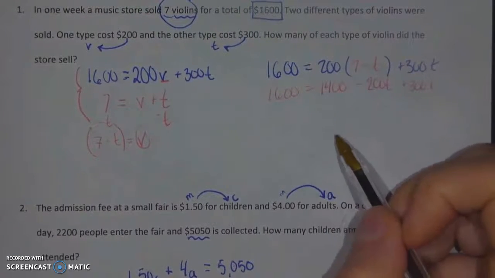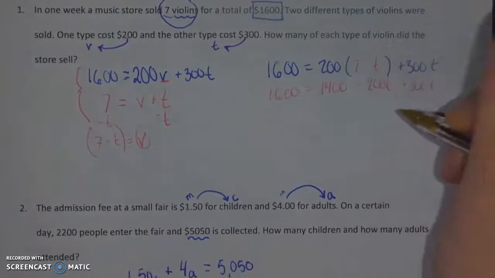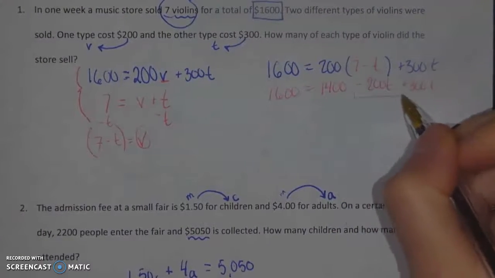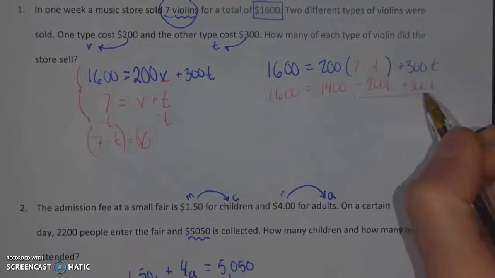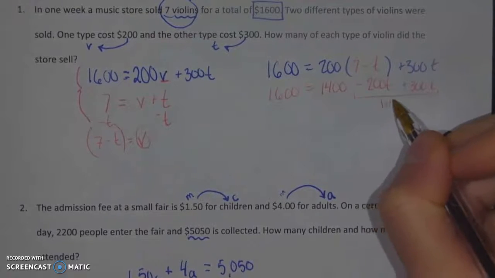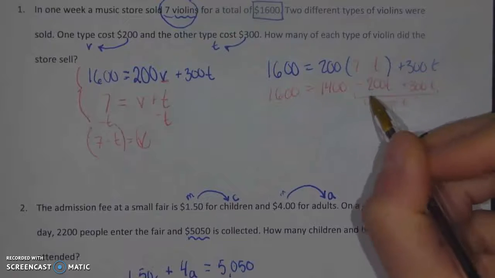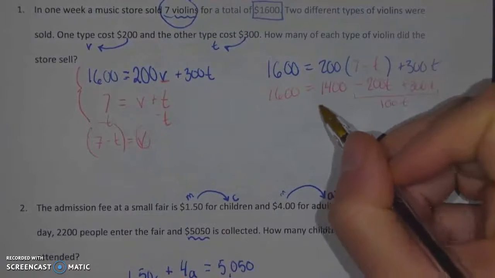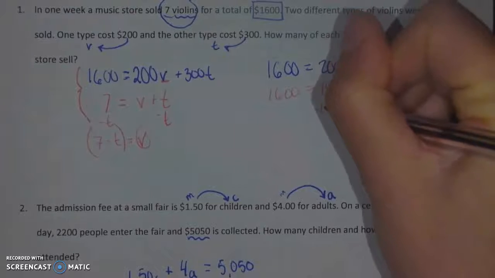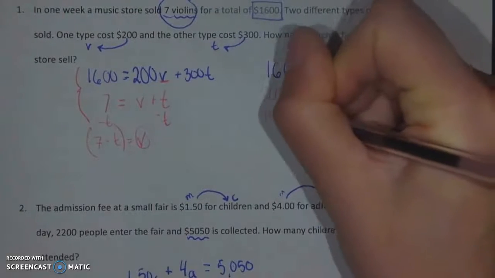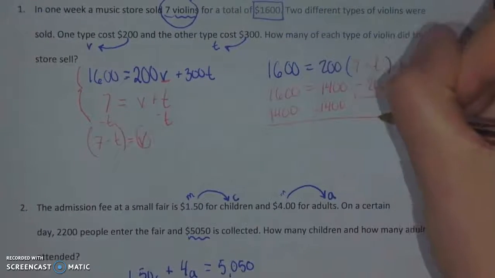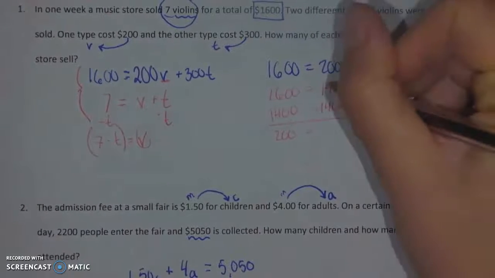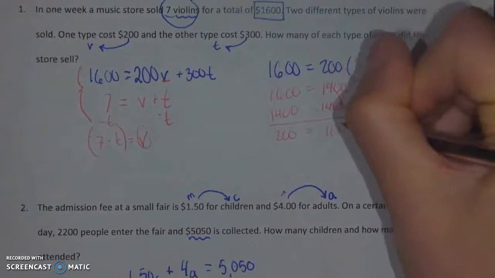So subtract 1400 from both sides, and I'm actually at the same time going to combine these two, giving me negative 200 plus 300, which is 100t. If you got 500t, just watch your negative here, you might have dropped that. So I get 100t here, and I'm going to subtract 1400 from both sides. That's going to leave me with 200 over here is equal to, these cancel out, 100t.